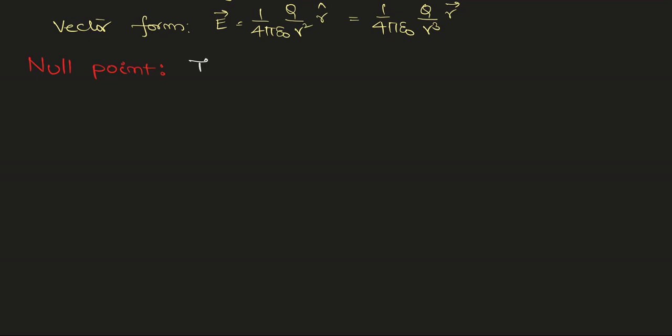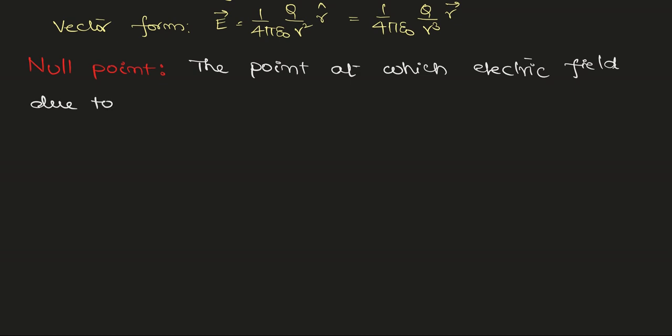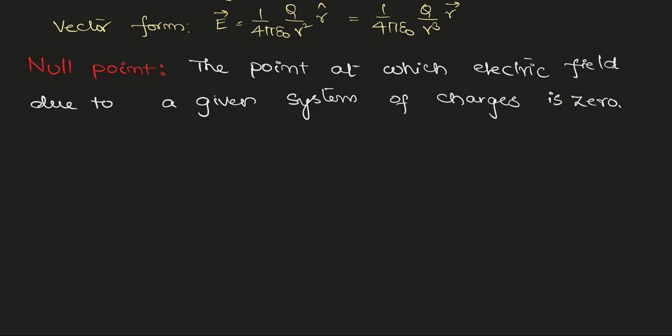The point at which electric field due to a given system of charges is 0, we'll call that a null point. So first we'll discuss null point due to like charges.